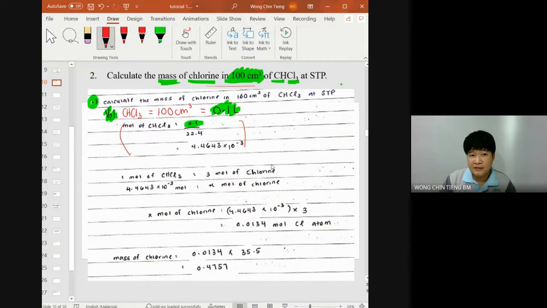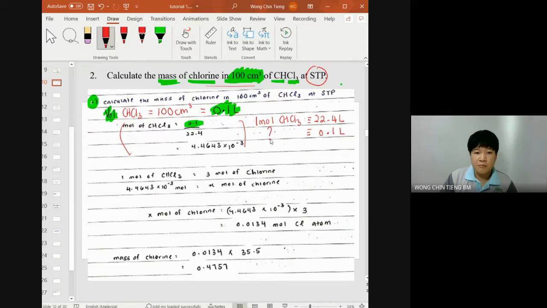Alright. Soalan ni saya nak bincang. Sekali lagi saya bagi tahu kat mana yang kita mesti kena guna ratio. Cara yang guna ratio adalah 1 mole of CHCl3 will be equals to 22.4 liter because of STP, standard temperature pressure. Therefore, I only have 0.1 liter.